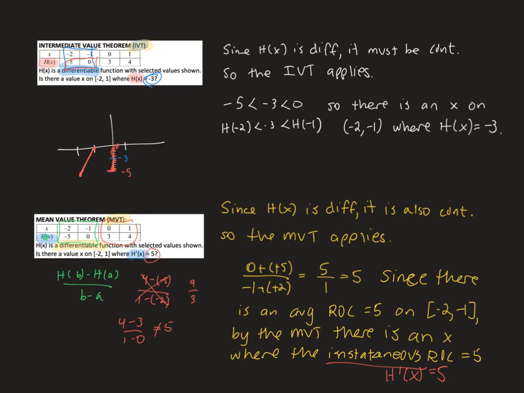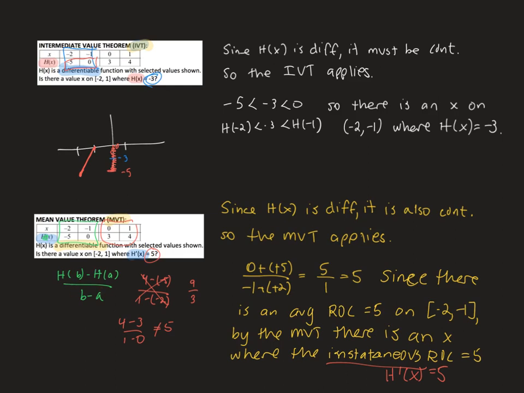And your wording can vary from what I have here, but the important part's saying that you have a differentiable and a continuous function. So making that assumption right there, and mentioning the MVT, showing me an average rate of change, and you can do it in function notation if you want to.